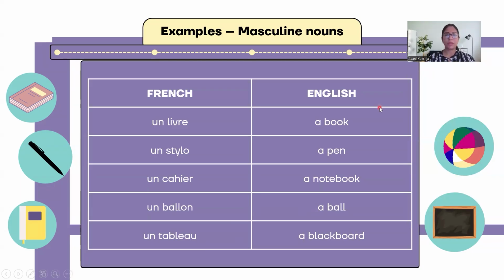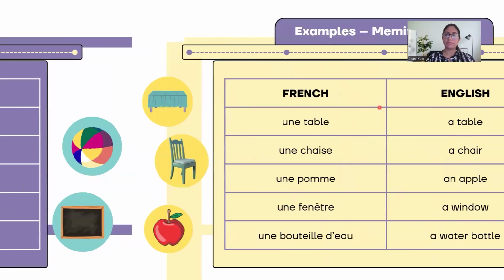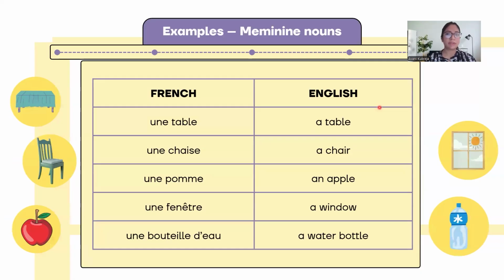Moving on to the next one. Some feminine nouns that we will learn today. Now, table in French is feminine, whereas blackboard in French is masculine. So, table in French is pronounced as une table. Not un. It's une. Everyone say une.